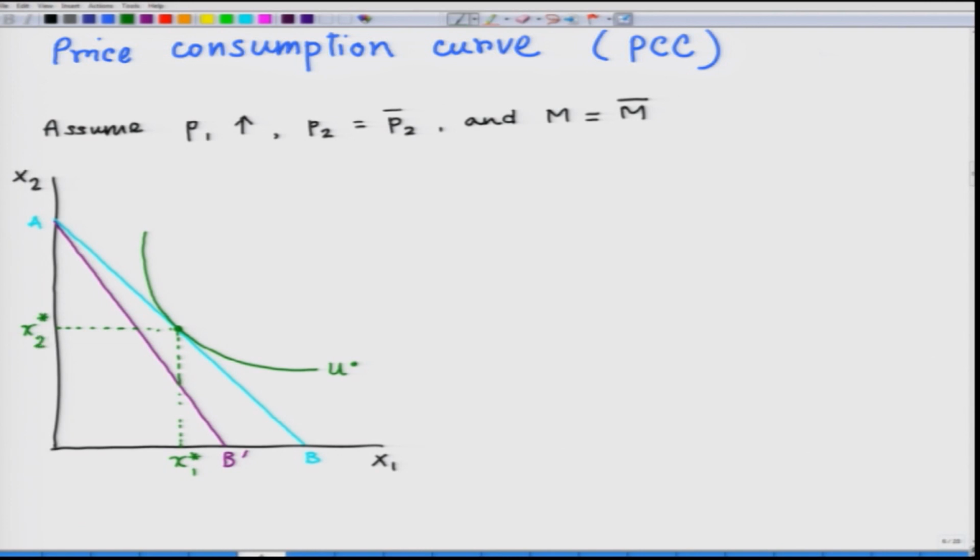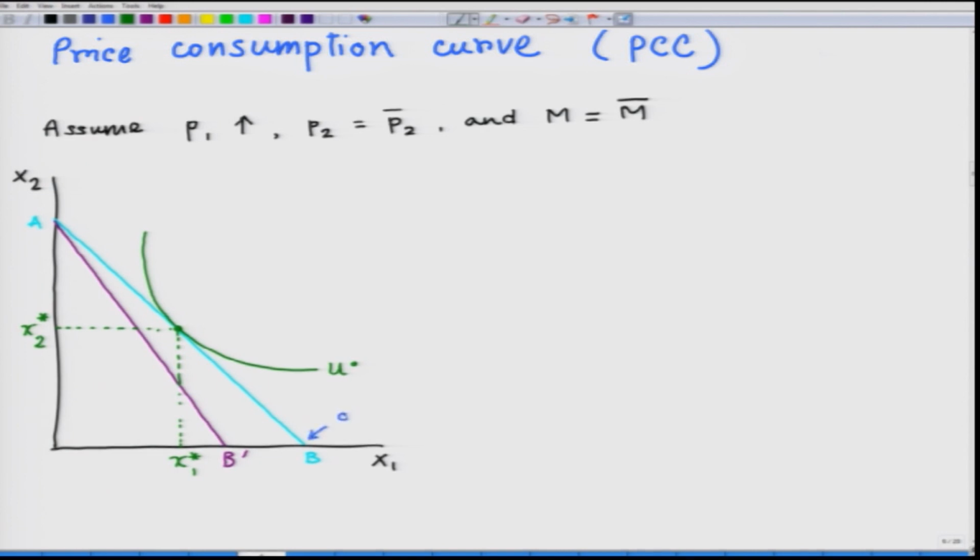Now, note, as the price of commodity 1 has gone up, the relative price ratio has actually gone up. So, the budget line has become steeper, right. So, this AB line, AB prime, the new budget line, is a steeper budget line.